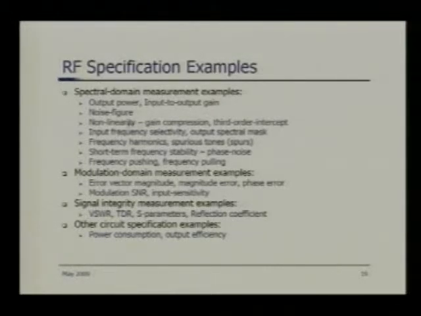Nonlinearity specification. If you have a perfectly linear amplifier and you increase the input signal swing, your output signal swing is just a constant multiplied with the input signal waveform. But in RF it doesn't happen like that, right?